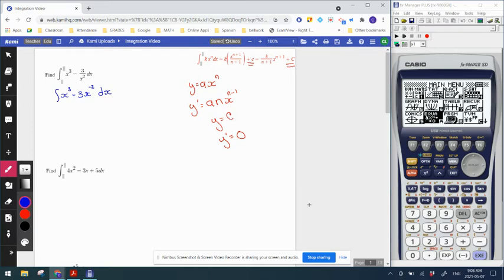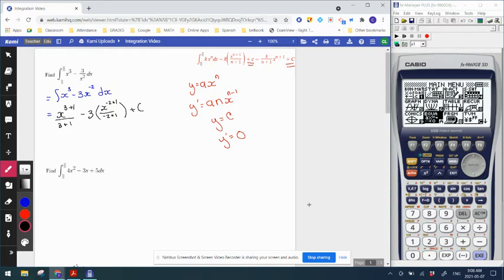And now I can apply my antiderivative rule. So you can see I'm no longer going to write the integral. There's no value of k, so this is going to be x to the 3 plus 1, being divided by 3 plus 1. Keep the 3 out front. x to the negative 2 plus 1, divided by negative 2 plus 1.